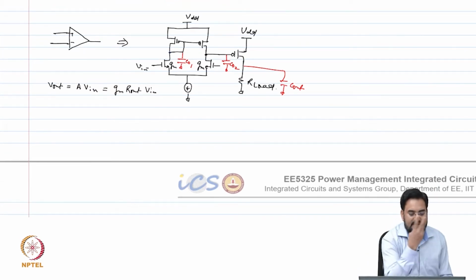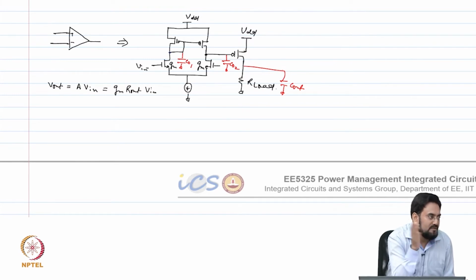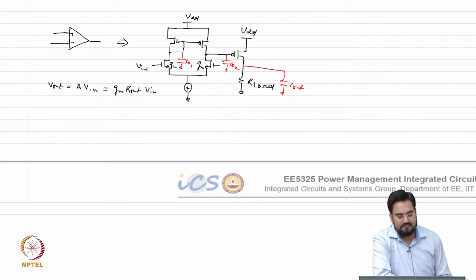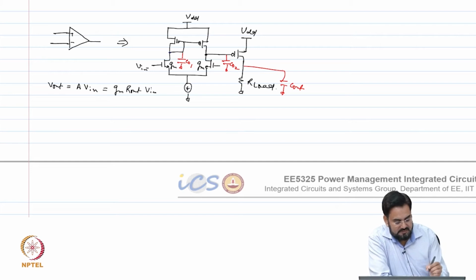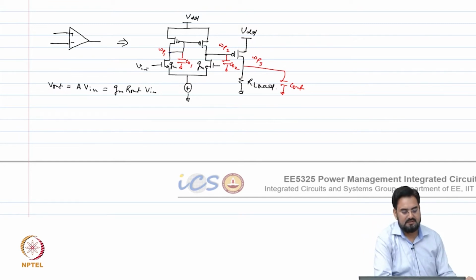So, what we are looking at are 3 potential nodes which may have poles that fall within your UGB. Okay. So, if I call this omega P1 pole, this is giving me omega P2 and this is giving me omega P3.